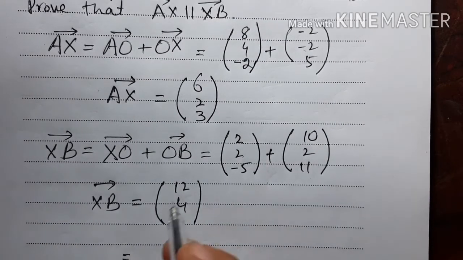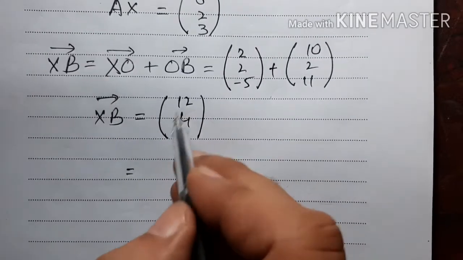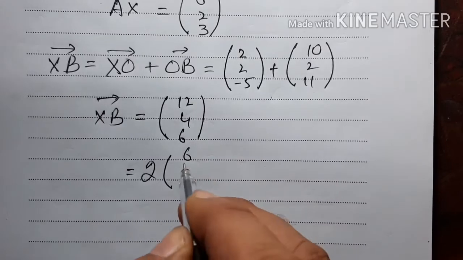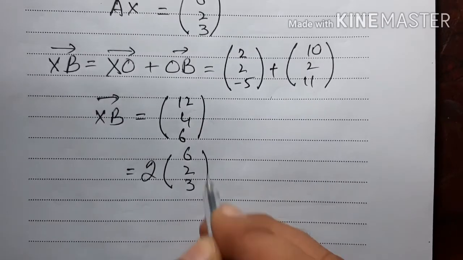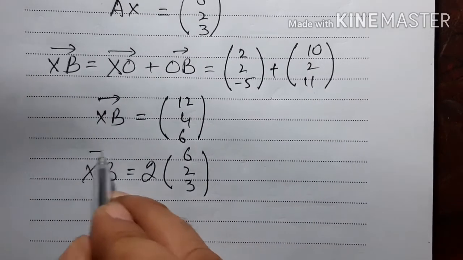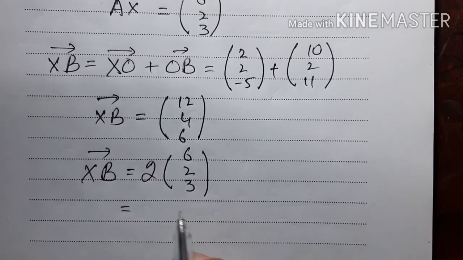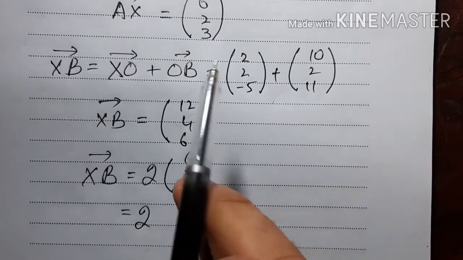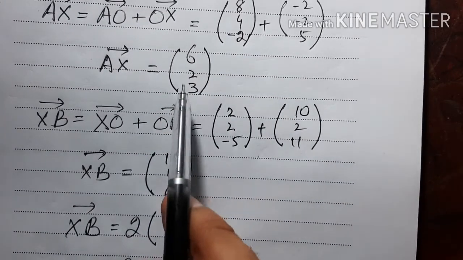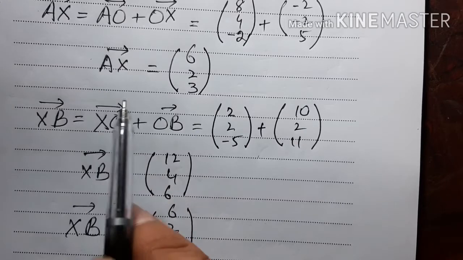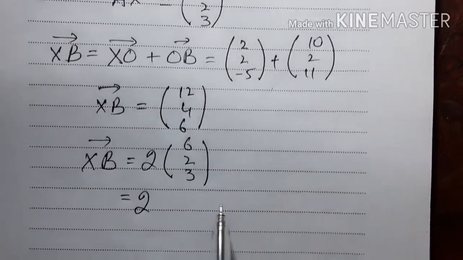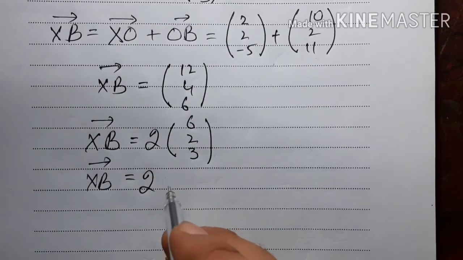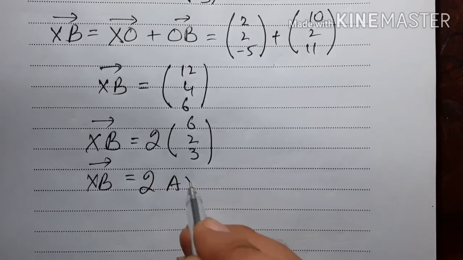I can also write it as, taking 2 common, 6, 2, 3. XB is equal to 2 into 6, 2, 3. So what is actually 6, 2, 3? 6, 2, 3 is vector AX. So I'll put the value of AX here. So XB is equal to 2 into AX.